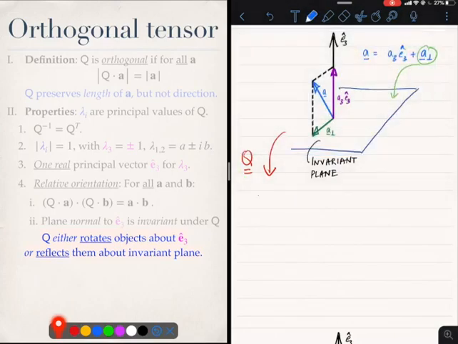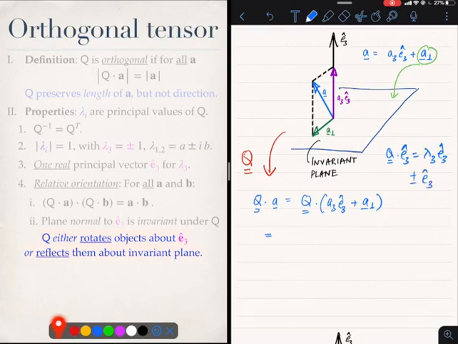Well, let's just write down some equations and see what we get. So we get Q operates on A, which is simply Q operating on A3 E3 plus A perp, which will give me, well, let's remind ourselves that Q dot E3 is lambda 3 E3, which is either plus or minus E3.